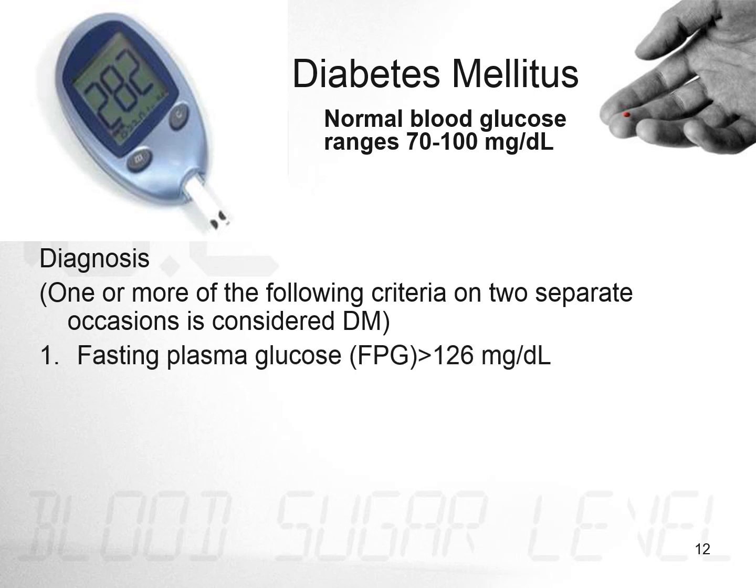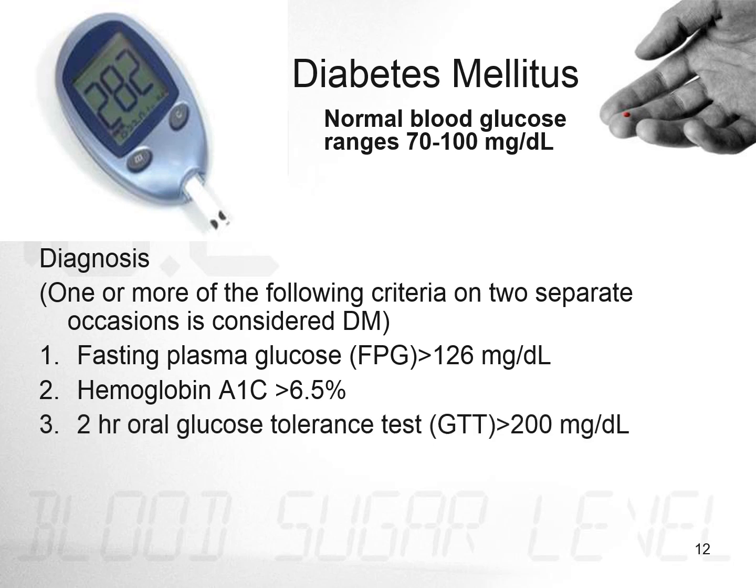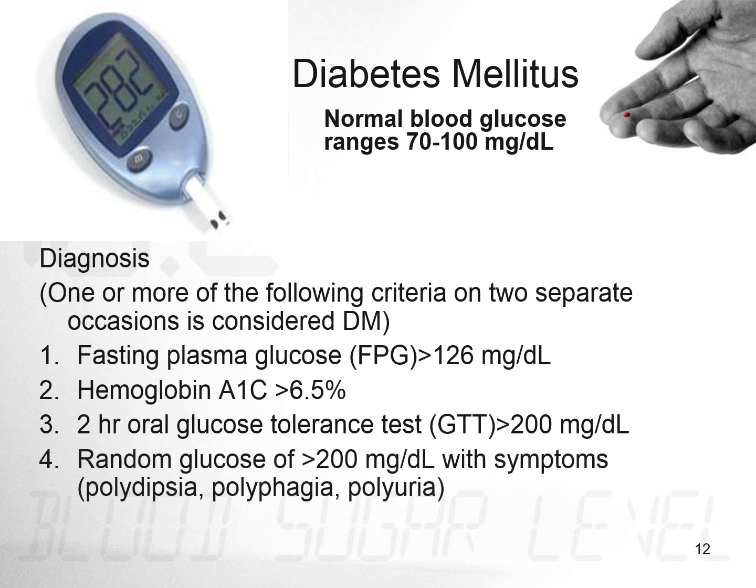Fasting blood glucose greater than 126, a hemoglobin A1C greater than 6.5%, which is a test for a 3-month average of your blood glucose levels, a 2-hour oral glucose tolerance test, otherwise known as the GTT, greater than 200, and a random glucose of greater than 200 with symptoms of polydipsia, polyphagia, and polyuria.